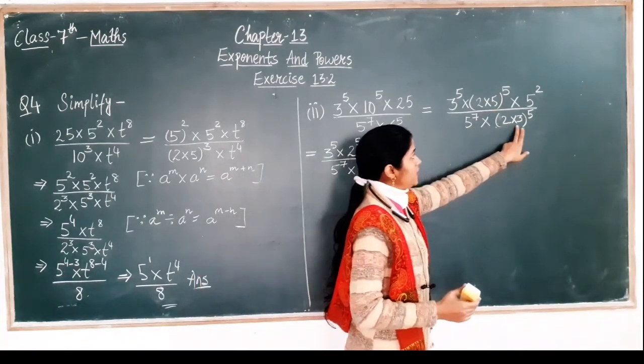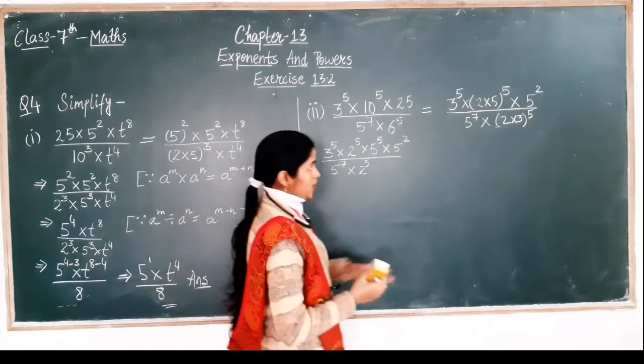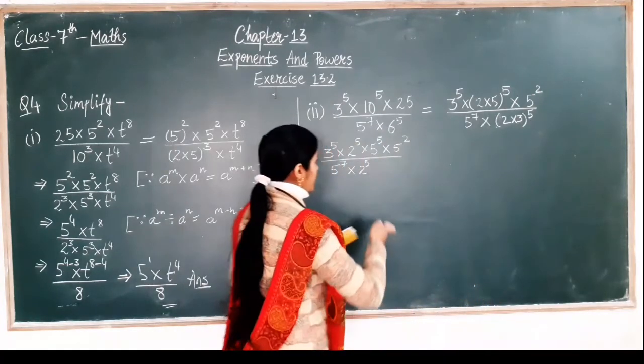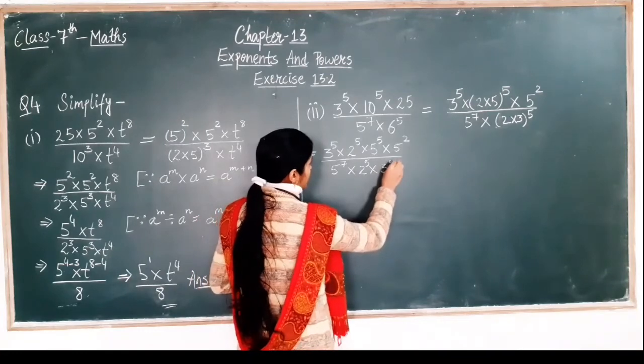So the same way we will solve this also. So 2 will also have the power of 5 and 3 will also have the power of 5. So 2 raised to 5 multiplied by 3 raised to 5.